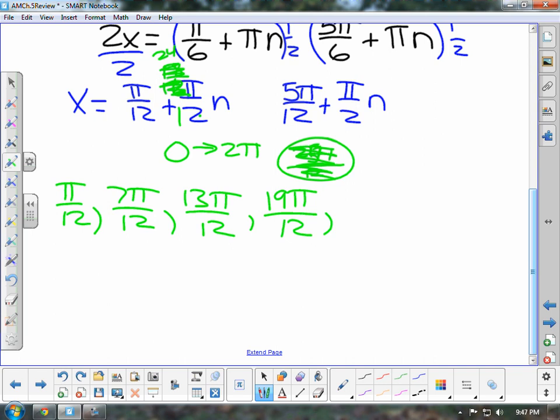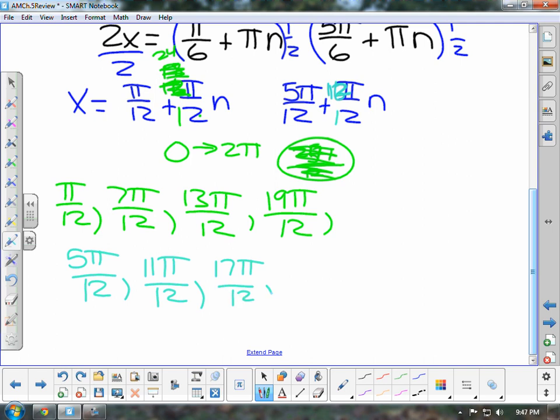Then moving to this other angle, we have 5 pi over 12. And if you add pi over 2, which is 6 pi over 12, you are going to get 11 pi over 12. Adding another 6 pi over 12, which would make this 12 pi over 12, you are going to get 17 pi over 12.